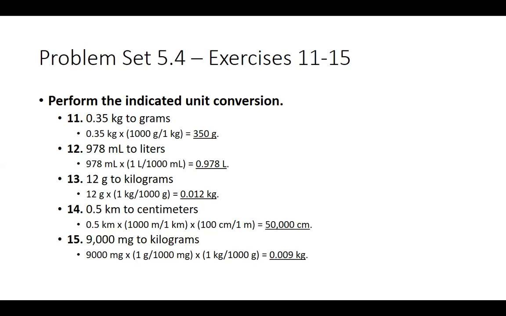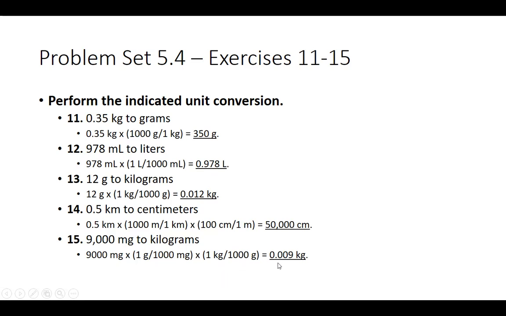To get milligrams into grams, we would need milligrams on the bottom and grams on top. And then to get grams into kilograms, we would need to cancel grams away with grams on the bottom and have kilograms on top. The math would be 9,000 times 1 divided by 1,000 times 1 divided by 1,000.